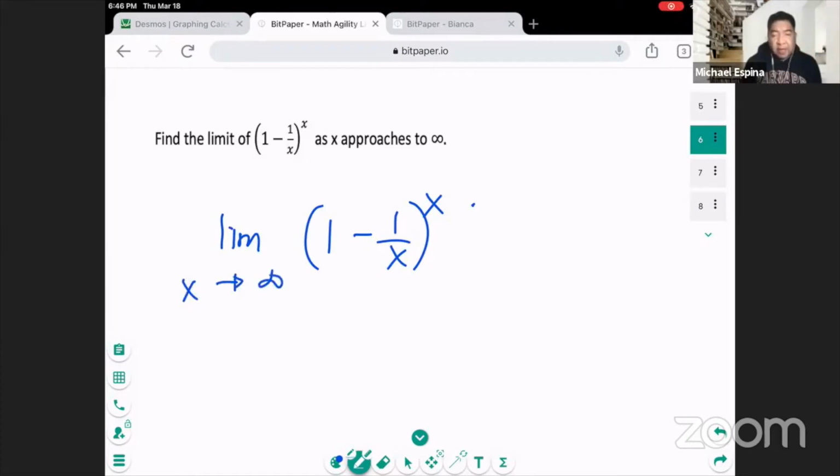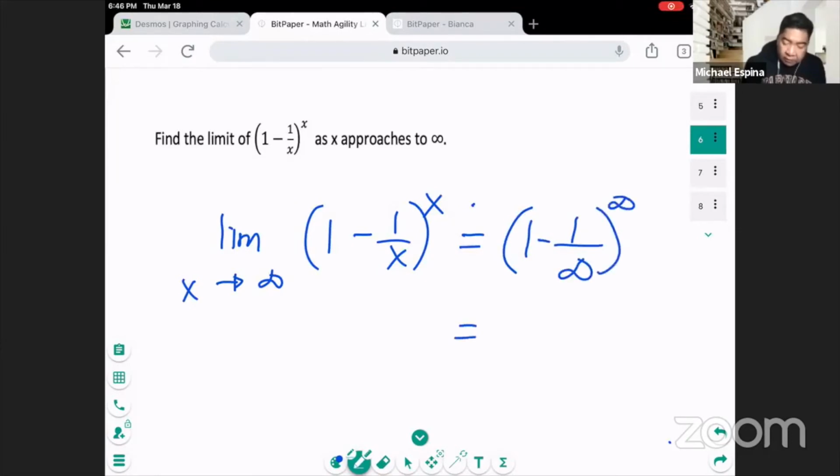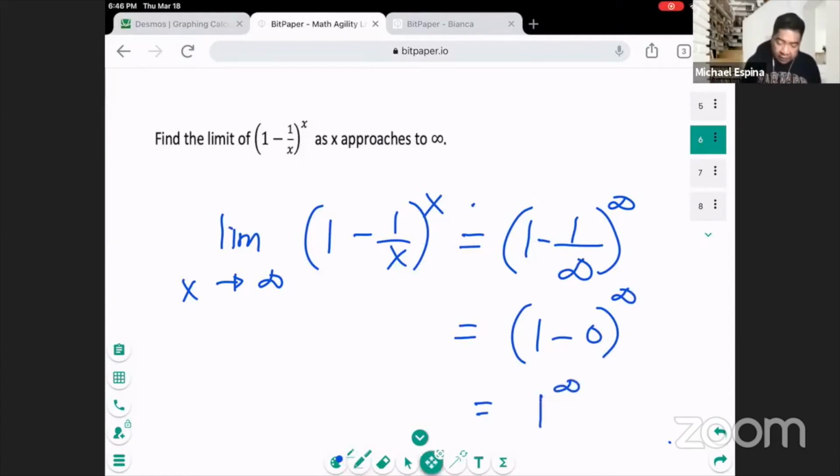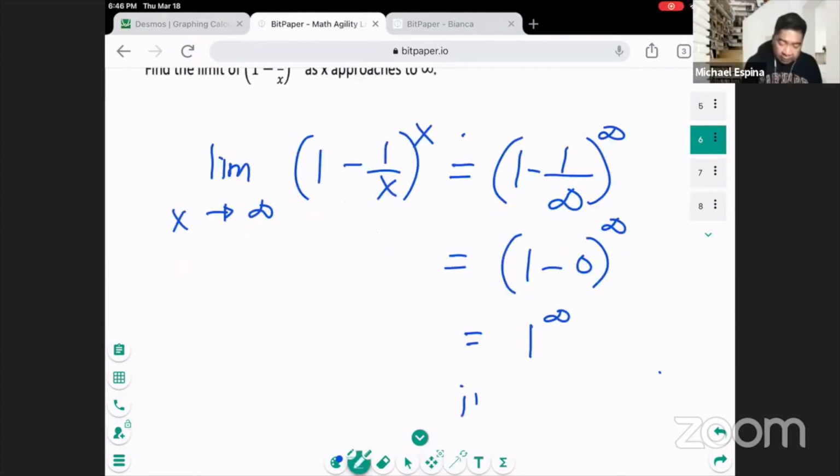Okay, so let's substitute infinity, what we will get from here. So 1 over infinity is actually 0. So 1 minus 0 raised to the infinity gives us 1 to the infinity. And this is actually an indeterminate form.